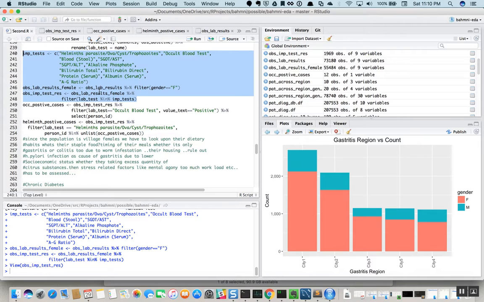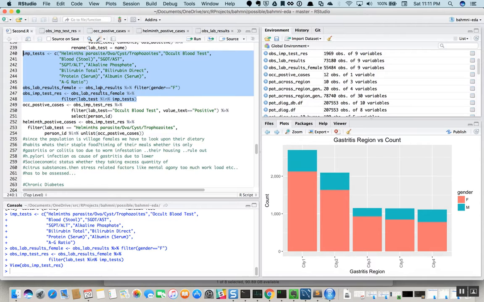Also, given that the females primarily might be from villages, we would have to look at their dietary habits, their staple food, their timing of meals, or whether it's only gastritis or colitis, maybe due to worm infestation. A lot of data has to be gathered to make more sense out of this.